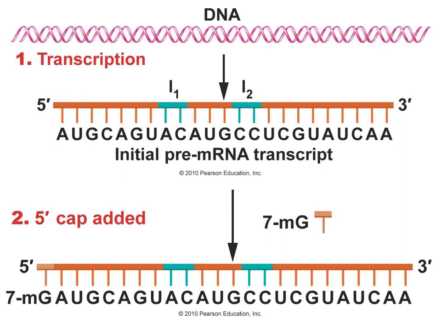So the first thing that we need to do to this transcript is get rid of those introns, and then we also have to protect this single-stranded RNA molecule, because in your cells, in my cells, single-stranded nucleic acids are very fragile.